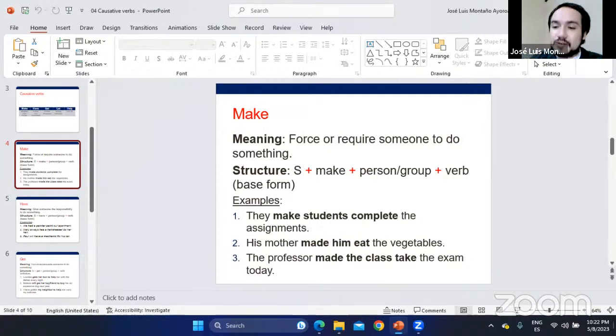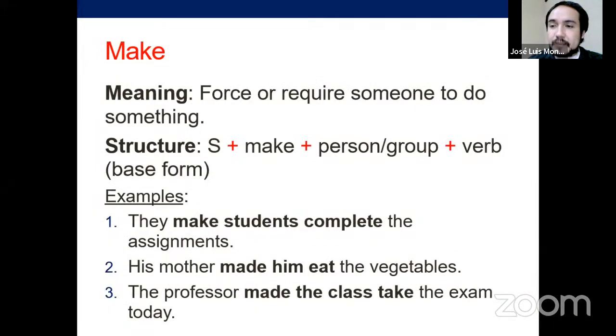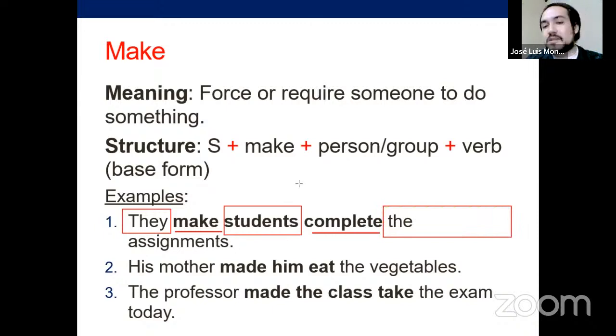That's why we do the following. As in any sentence, we have the subject, then the verb make, then an object, then the base verb, and then the complement, that finishes there.